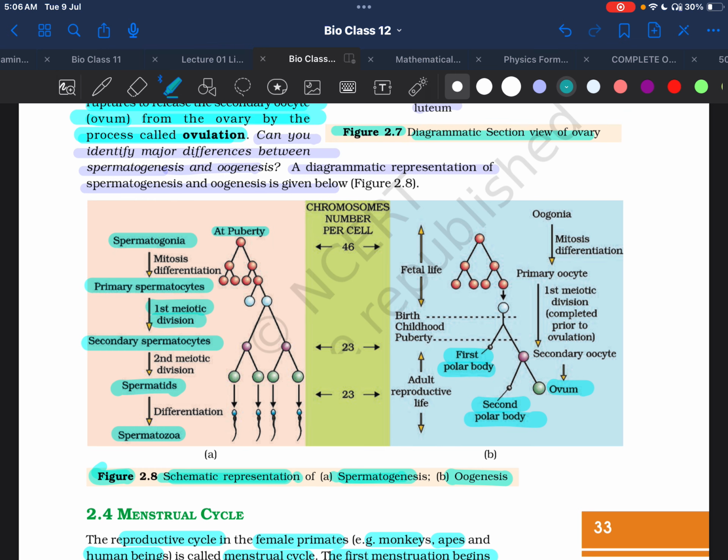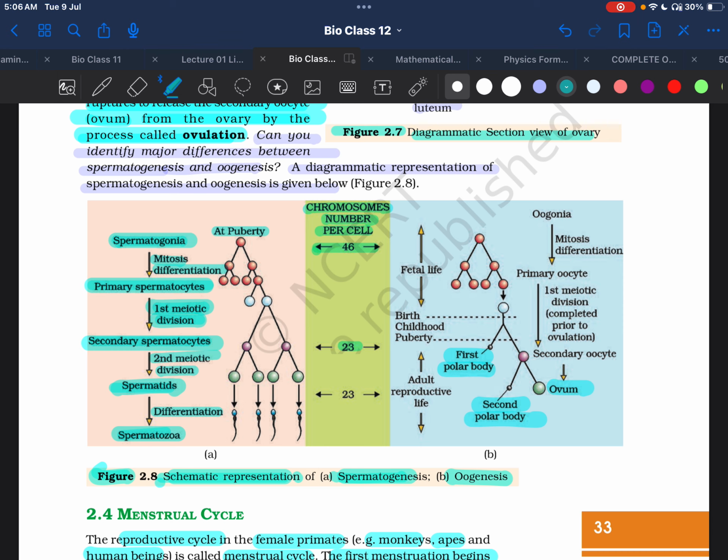At puberty, chromosome number per cell: spermatogonia, 46. Mitosis, differentiation, primary spermatocytes, first meiotic division, secondary spermatocytes, chromosome number per cell 23. Second meiotic division, spermatids, differentiation, spermatozoa.